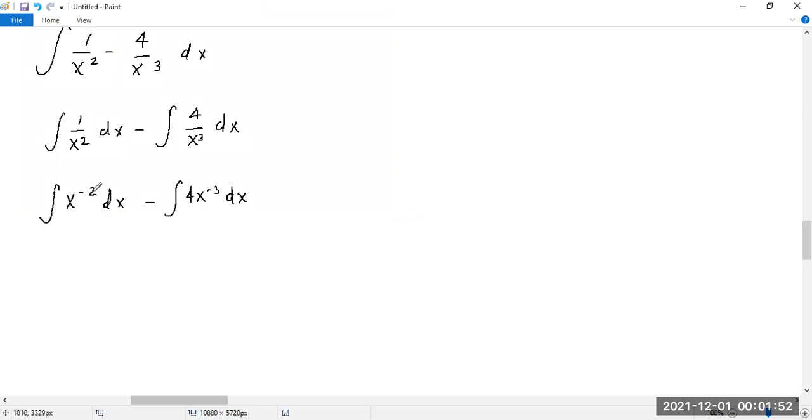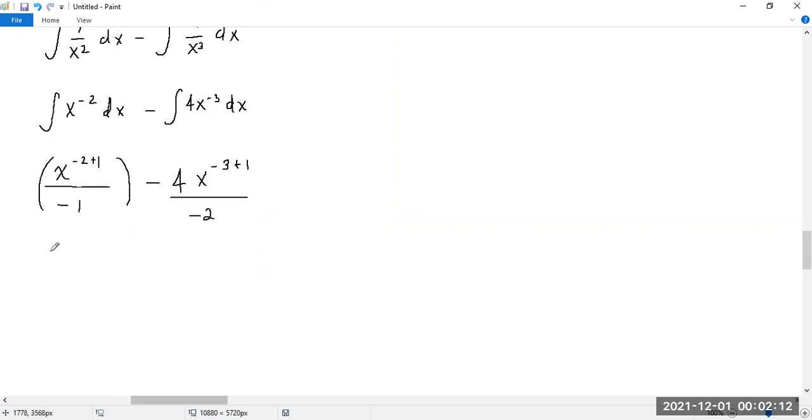I can then go back and just add 1 to the exponent here. I can say this is x to the negative 2 plus 1, and I'll divide by whatever that is, which is negative 1. And then I can do the same thing here. I'll ignore the constant. I'll add 1 to the exponent. I'm adding negative 3 plus 1. I'll divide by whatever that is, which is negative 2. And so I have negative x to the negative 1 minus the negative 2, right?